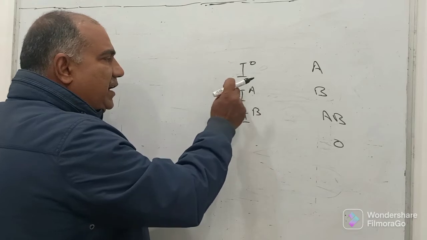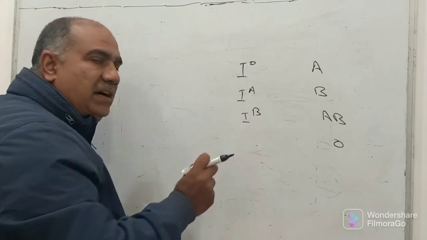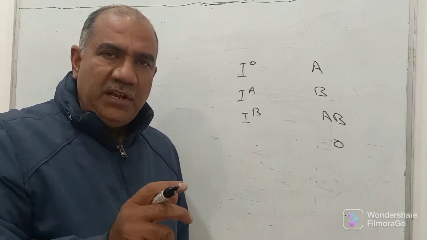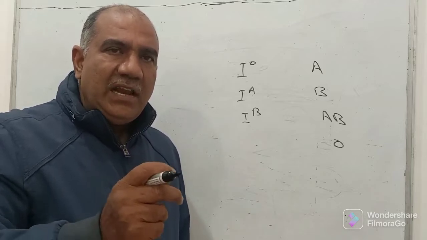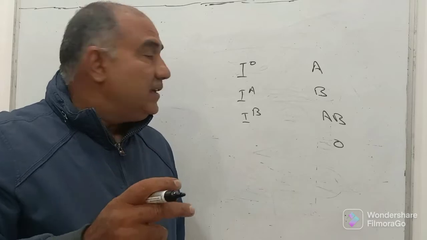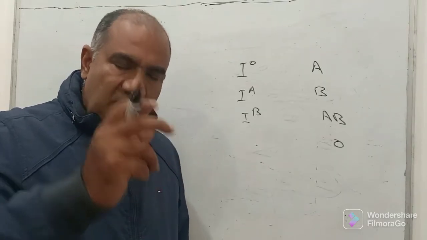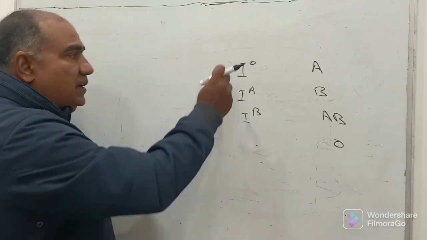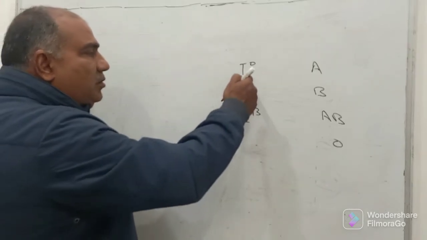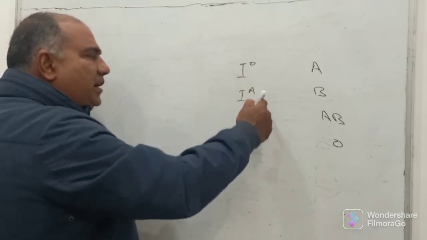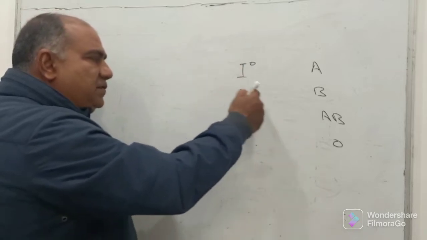These IO, IA, IB are not three different genes. They are three different forms of the same gene, and they are called alleles. There are three forms of the same gene which determines blood group in human beings, in the whole of humanity.